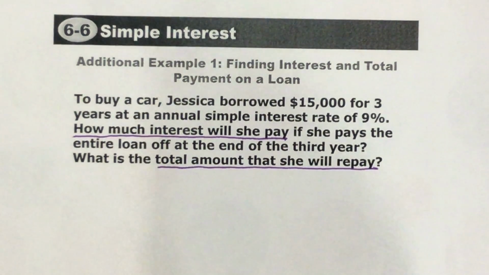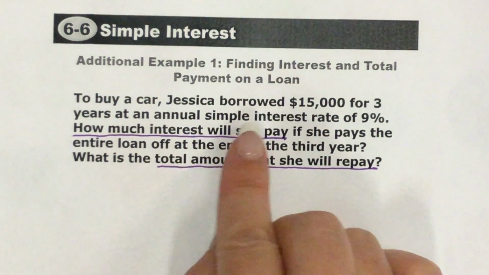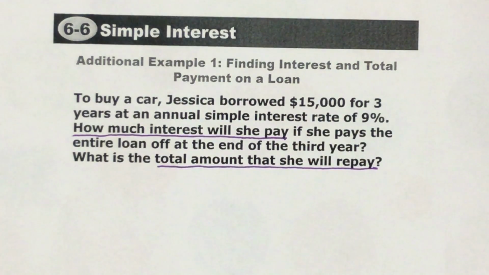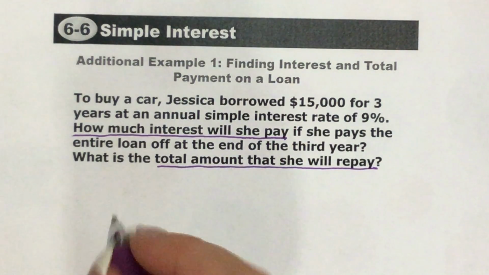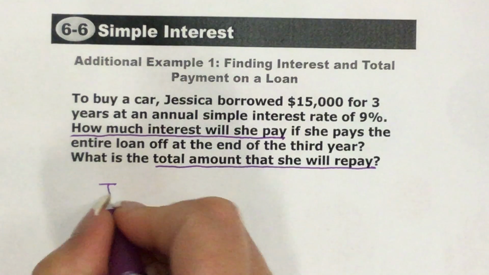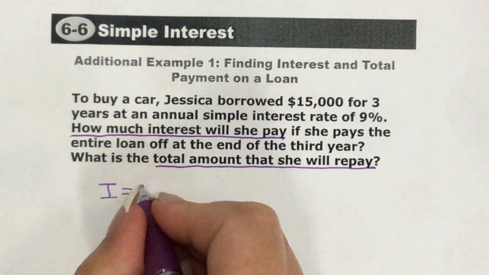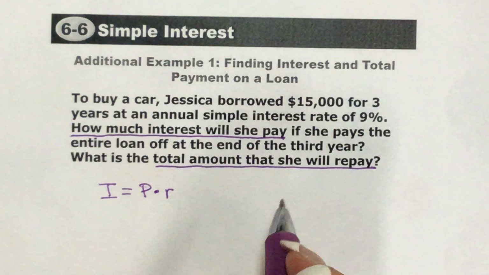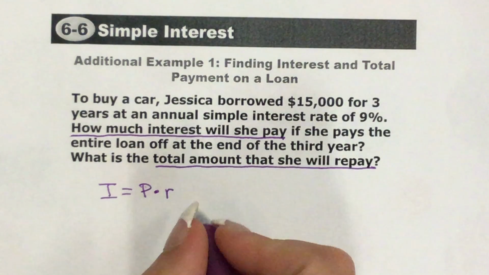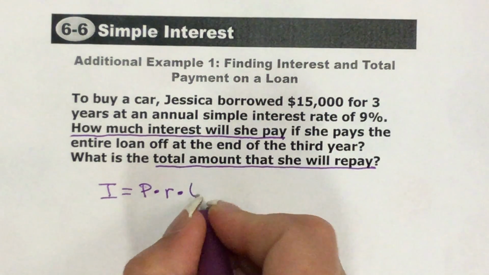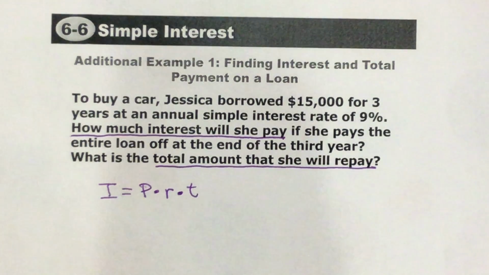And this formula only applies whenever you're dealing with simple interest, okay? So our simple interest formula is the interest is found by taking the principal, multiplying it by the interest rate in the form of a decimal, and then multiplying it by the time in years.